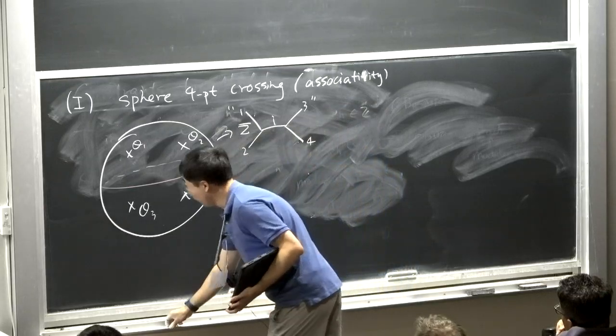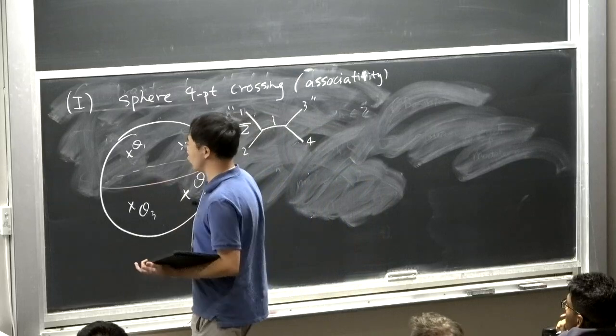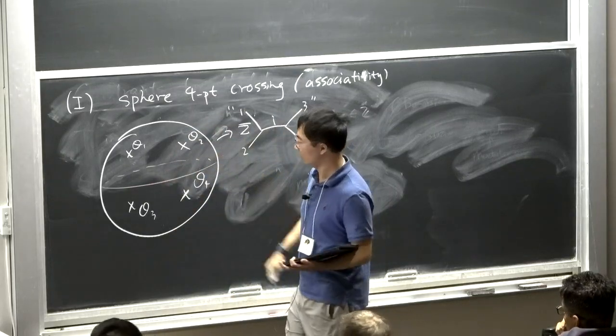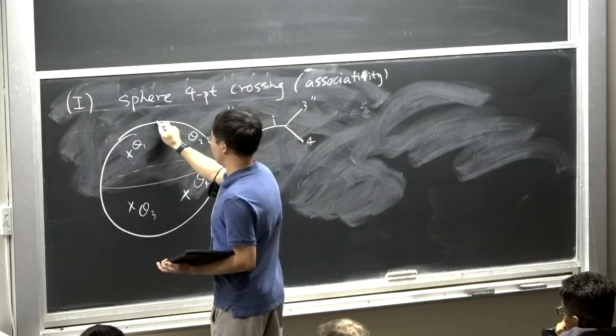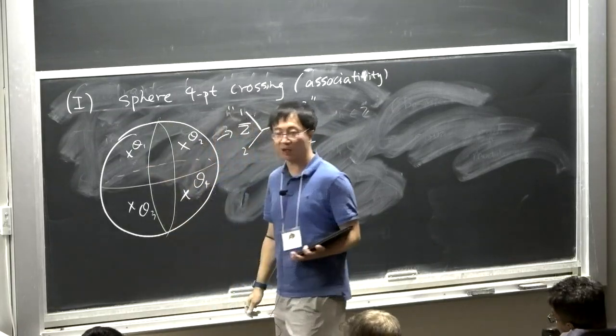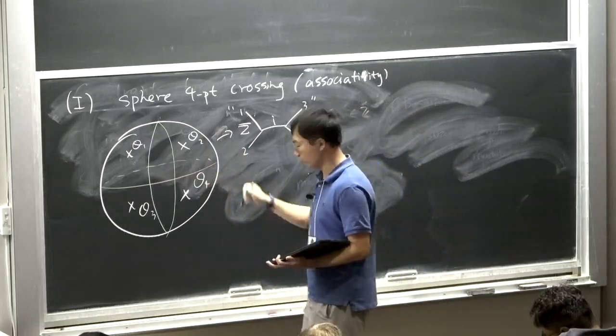Now, the key of locality is that we are free to choose the circle we want to quantize the theory on. So in particular, we can choose instead this circle to be our quantization circle, and we run the same argument.